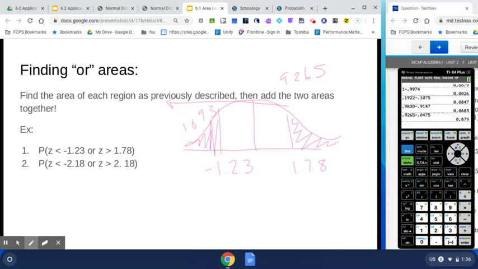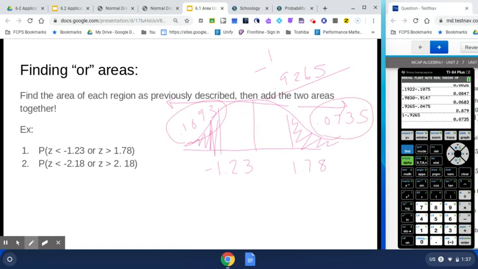I want this tail region that is to the right. So I'm going to use complement rule with that one so that I can get this right tail region. So 1 minus the 0.9625 gives me a tail region of 0.0735. Okay, so these are the two regions that I want.